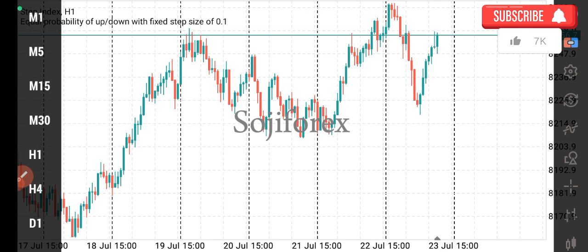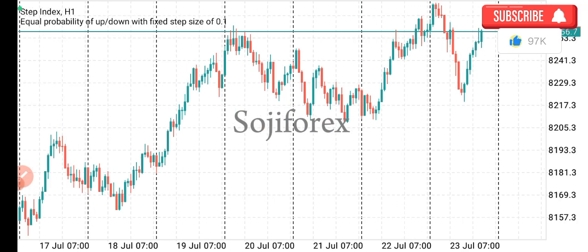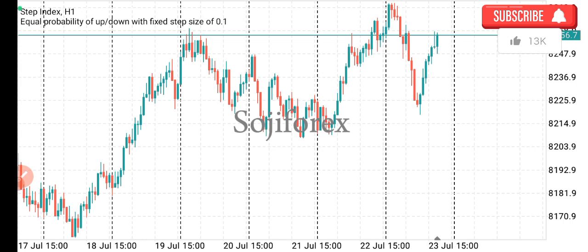You can do this on H1, and then this analysis can be done on H1 while you look for your entry on 15 minutes or 5 minutes, depending on what suits you. You can do it on H4 time frame, and your entry will be on a lower time frame. What I'm saying in essence is this.